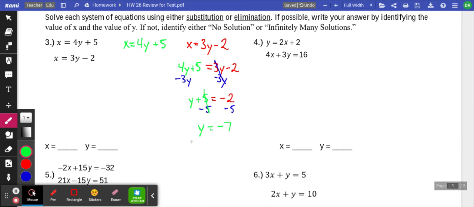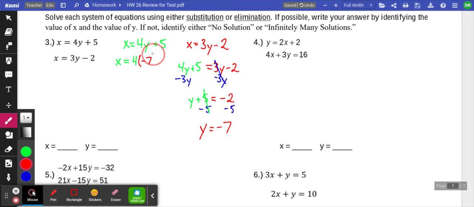And now that we have our y value, we can use that to substitute anywhere we have the letter y. So now we know that anywhere we have the letter y, its value should be negative 7 in our solution. So I'm going to change that equation to red so you can see where this is coming from, but we do know y is equal to negative 7, so when we come up to this other equation where we had x equals 4 times y, we can now replace that y with a value of negative 7.